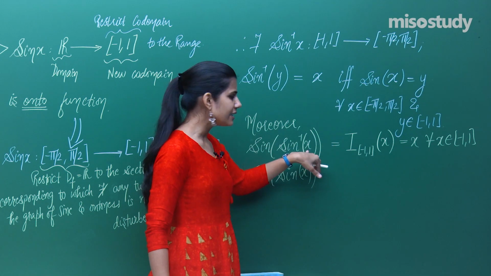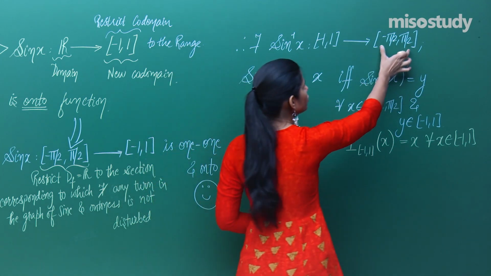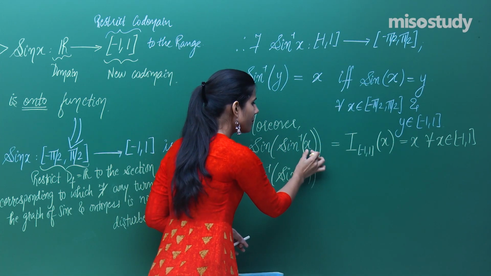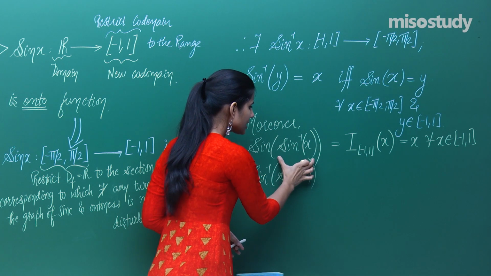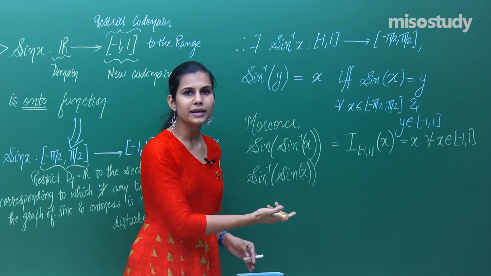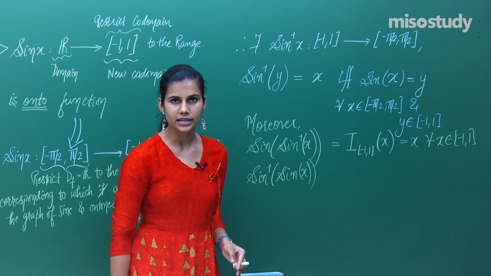Once sine inverse has acted upon it, this member sine inverse of x is going to be pushed inside the minus pi by 2, pi by 2 closed interval. Now this x was coming from the minus 1, 1 closed interval, and sine inverse x is coming from the minus pi by 2, pi by 2 closed interval, and sine has the domain minus pi by 2, pi by 2, so sine can successfully act upon sine inverse x.